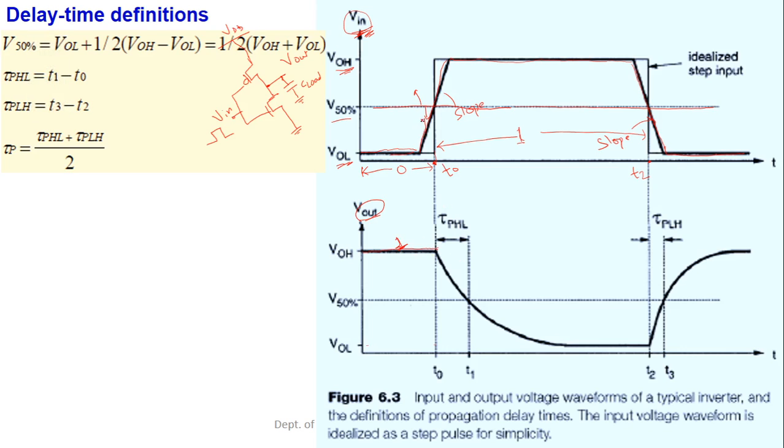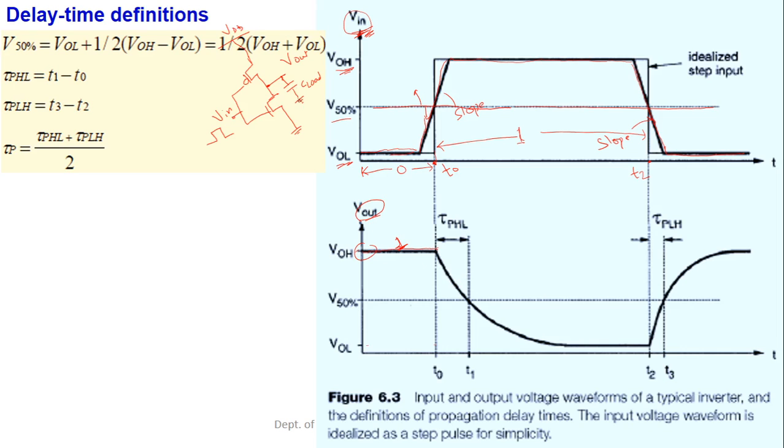Now from t naught to t2, the input signal is 1 here, so the output should be 0. But how it happens practically: since this is coming from the previous case, we had not seen the complete picture, so we'll show it now. When the signal becomes 1, the output should drop to 0, and it does, but it does not drop instantly, since this is a practical case and there are capacitances.